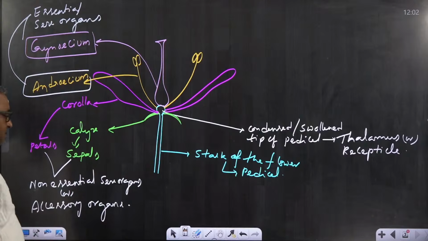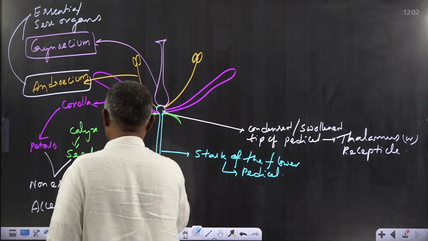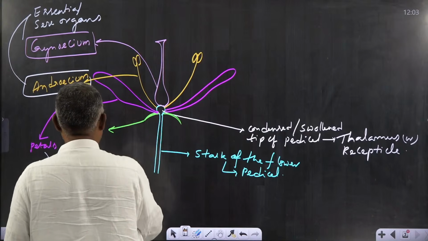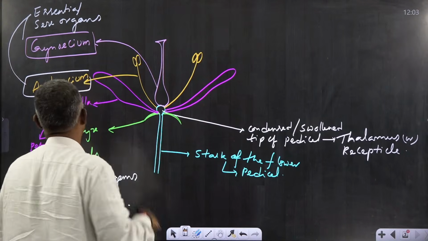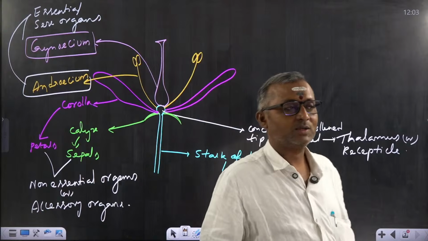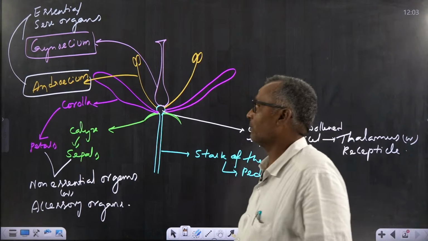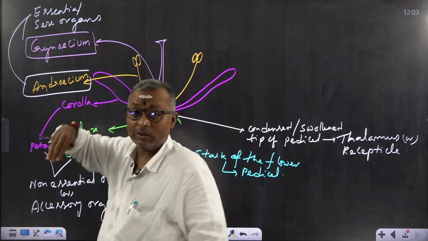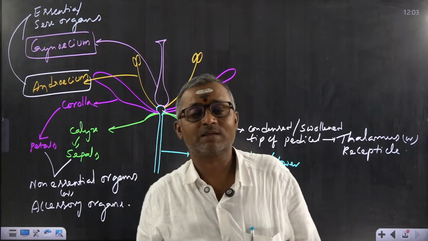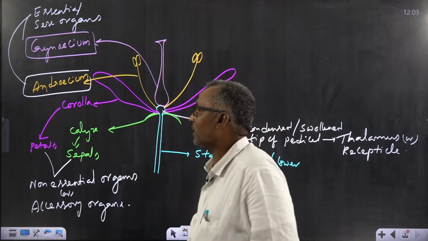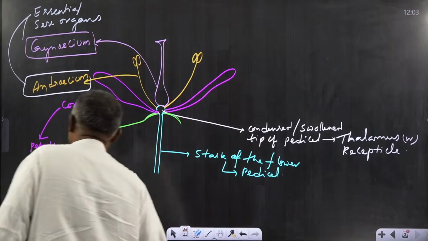That means these two are directly involved in sexual reproduction. That is why androecium and gynoecium together are called essential.